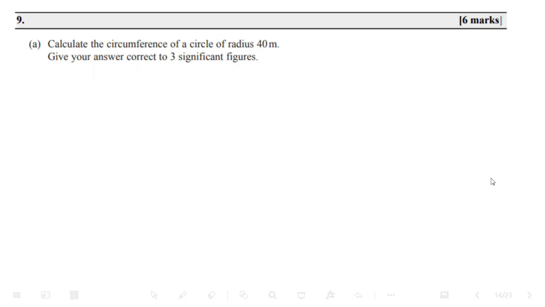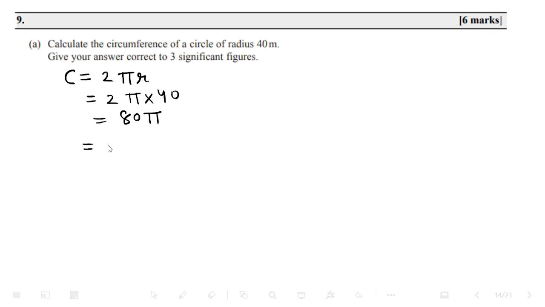Now see what is exactly happening. Can you tell what is the circumference of the circle? This is 2 pi r, right? Yes. Now 2 and then pi, r is 40, so it will be 80 pi, right?